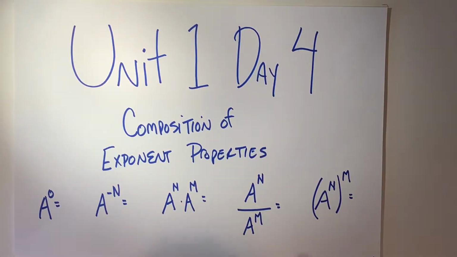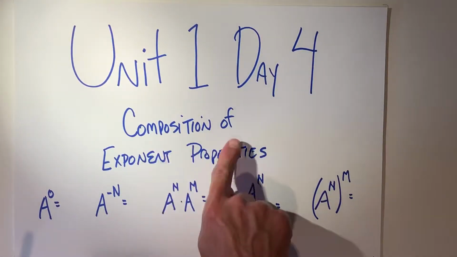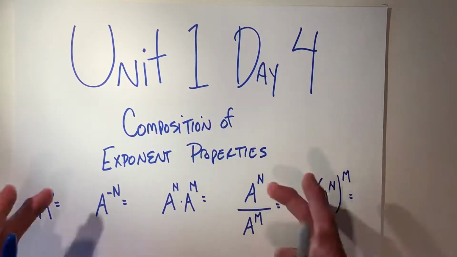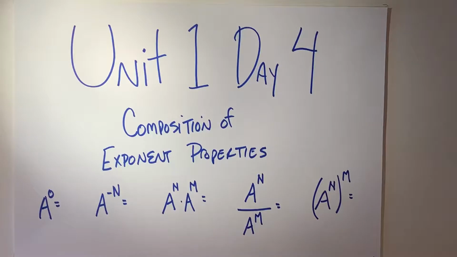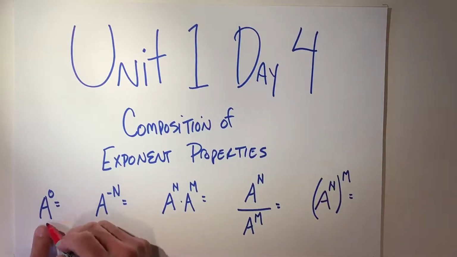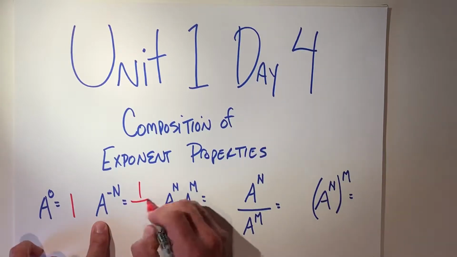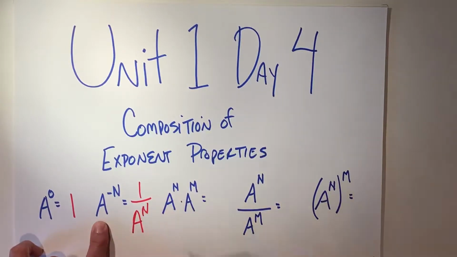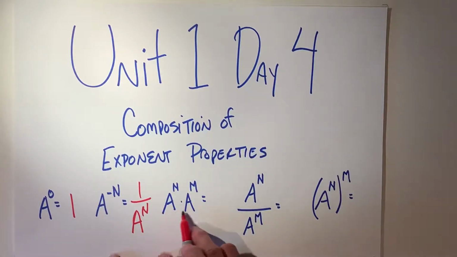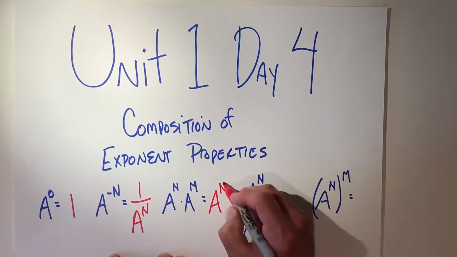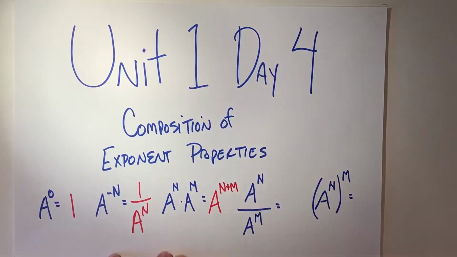Before we begin, let's review what we're doing. It's Unit 1, Day 4. We're dealing with compositions or collections of exponent properties, and a review of those exponent properties. Anything to the 0 power equals 1. Anything with a negative exponent is that same thing positive on the opposite side of a fraction. When we have the same base with 2 different exponents, or even the same exponent for that matter, I add those exponents together.